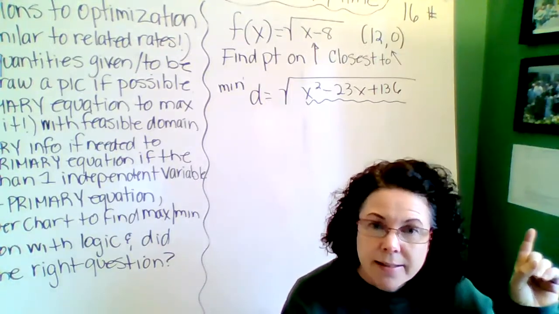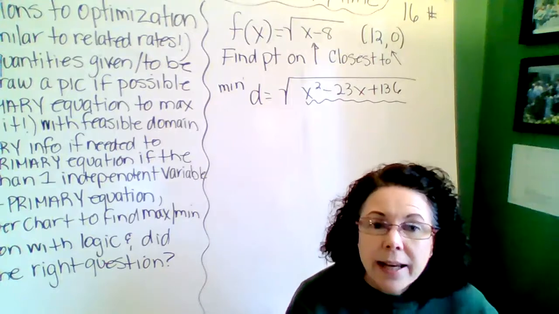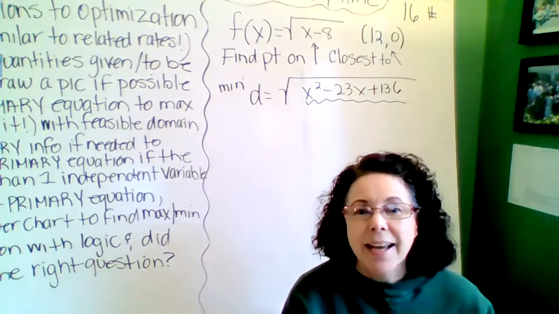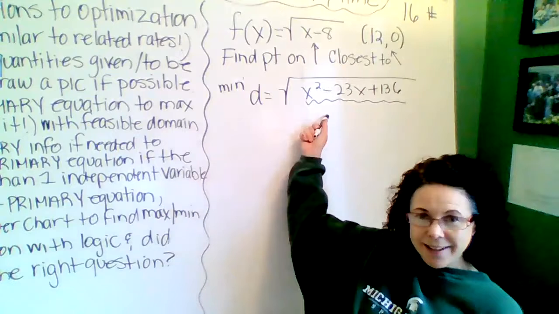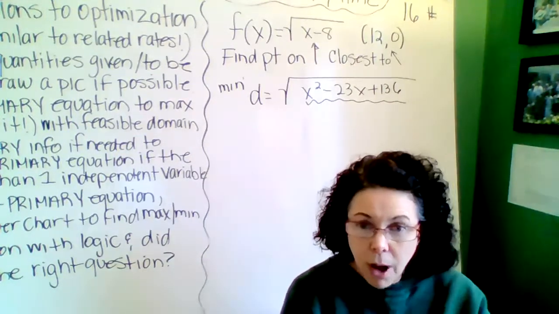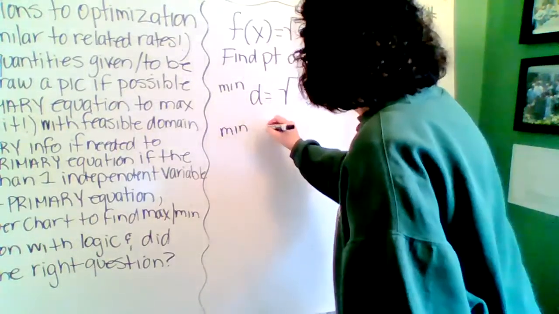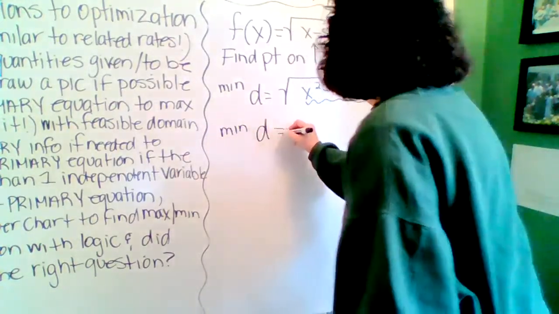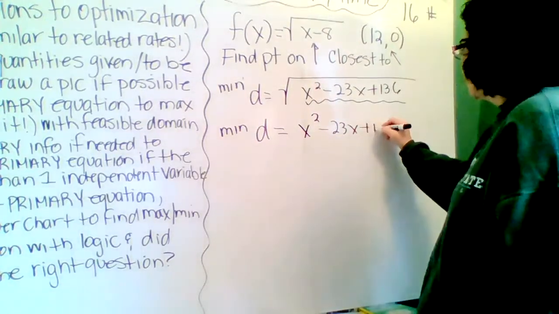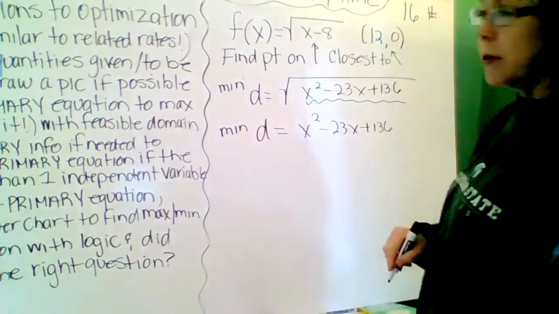Anytime I minimize just the quadratic expression under the square root, it will in fact minimize the whole square root, as every time the radicand gets smaller, so does the square root. So all I actually have to do is minimize x squared minus 23x plus 136. If I minimize this, it will minimize the square root.